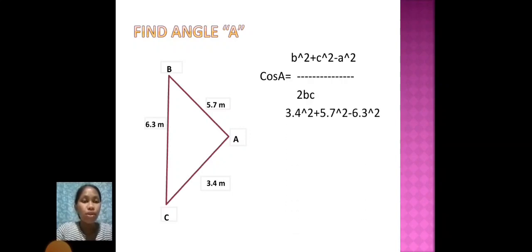Let's substitute. b is 3.4, so we have 3.4 squared, plus c is 5.7, so 5.7 squared, minus a squared, where a is 6.3, so 6.3 squared, all over 2 times b, which is 3.4, times c, which is 5.7.